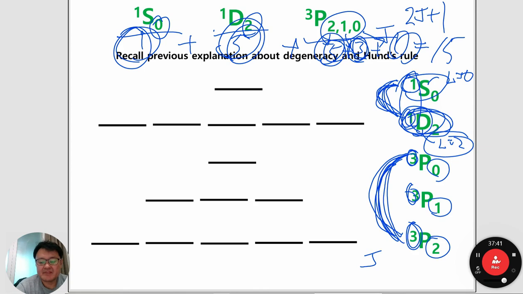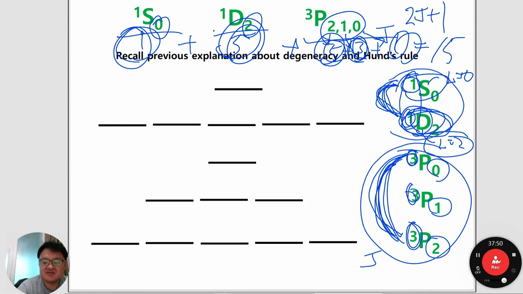Summing up, first, from the spin multiplicity rule, we decide that these are lower in energy and these are higher in energy. From the total orbital angular momentum rule, we determine this is more stable than this. And then ultimately, from the third rule, where we apply the rule for the situation having more than half filled p orbitals, the larger the J value, the higher the energetic stability.